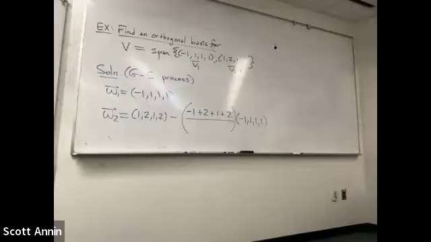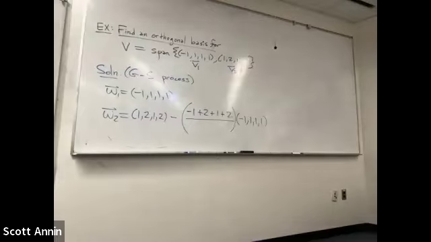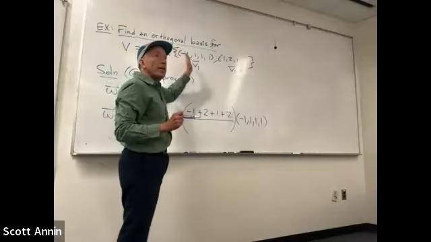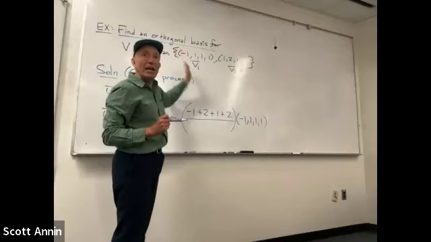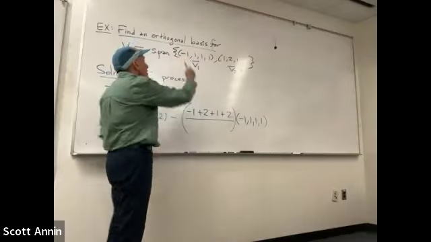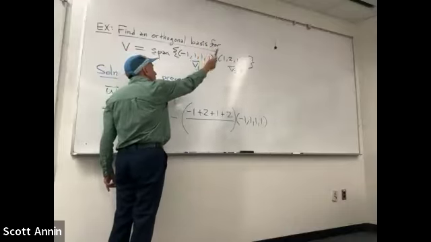Okay? And then in the denominator, we have the norm of W1 squared. So what is that? That's just the inner product of W1 with itself. So you're dotting this first vector with itself. Negative 1 times negative 1, plus 1 times 1, plus 1 times 1, plus 1 times 1.